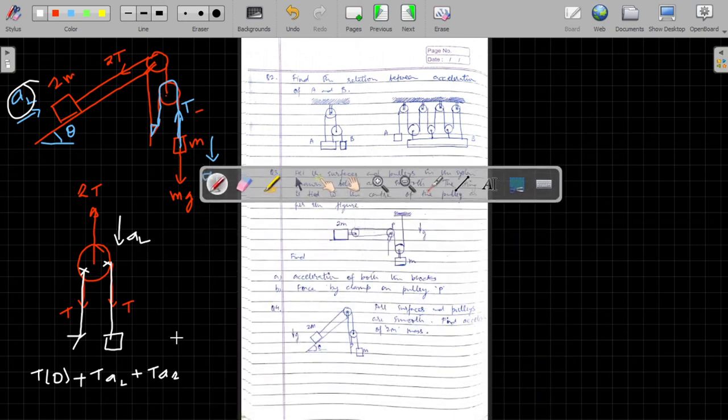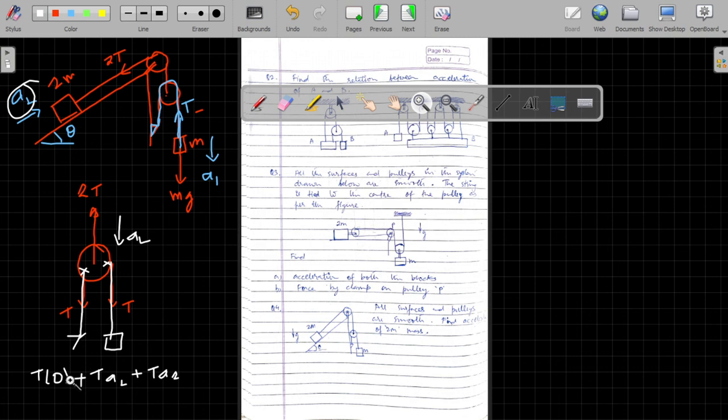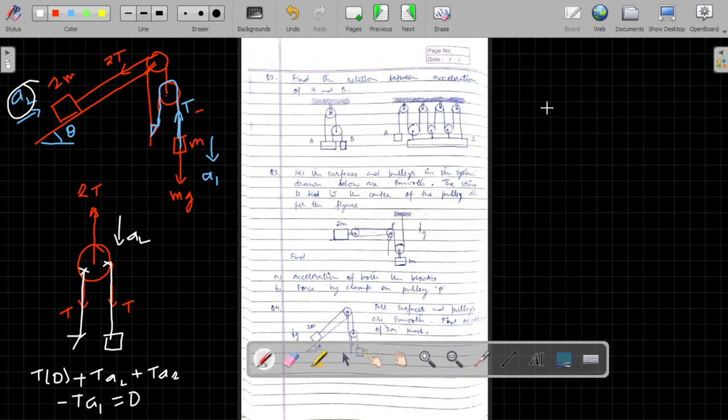Then we'd say that the block is moving in the downward direction and tension is acting in the upward direction. So we write minus T into a1 equal to 0, and from these equations we can easily say that 2 times a2 is equal to a1.